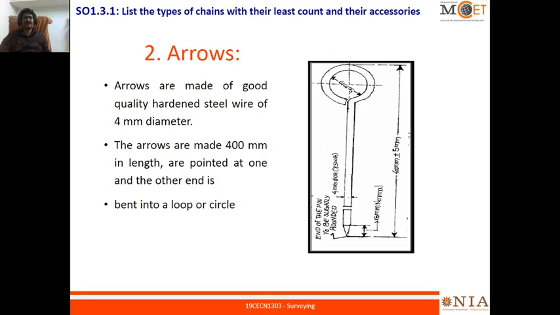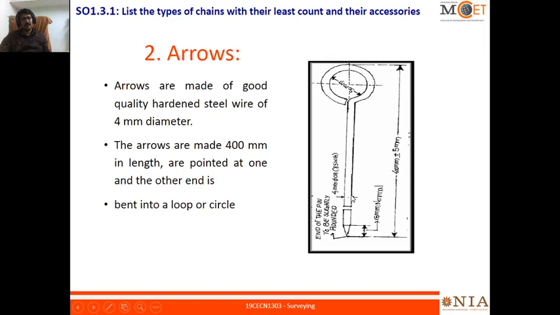And the accessories we have already seen. This is the arrow. It is a straight steel rod with a hook-like portion. The diameter of that hook will be 50 mm. The total length of an arrow is 400 plus or minus 5 mm, and its diameter is 4 mm.